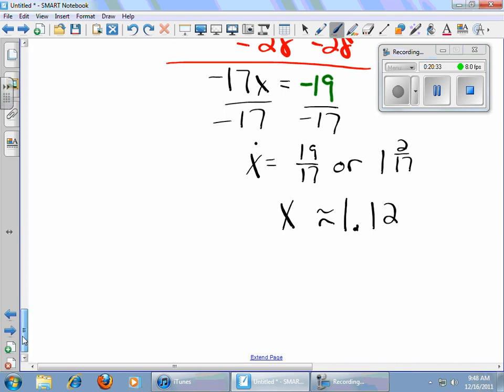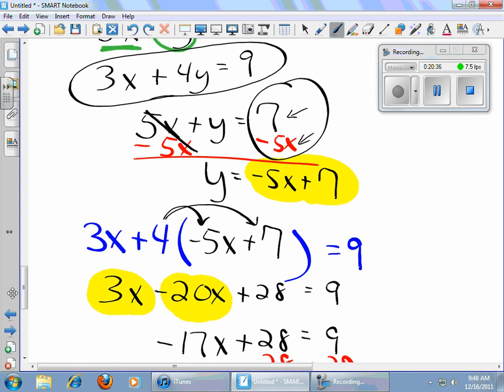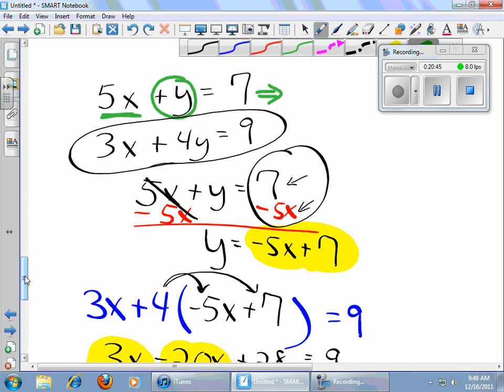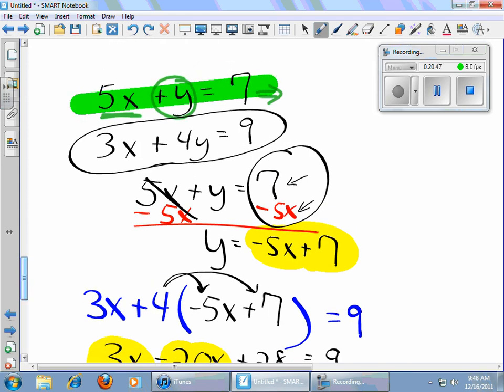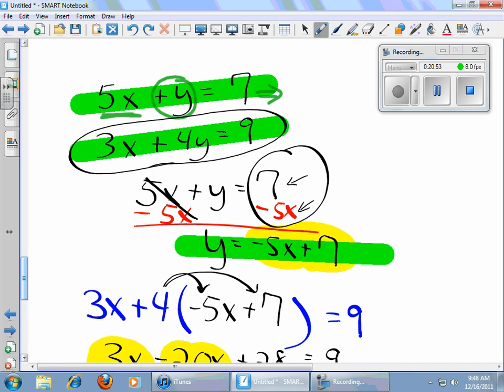To get my y value, I'm going to pick any one of these equations, and I'll highlight them in green to show you which equations I can use, because sometimes kids do this the hard way. I could use this original equation right here, but I could also use this equation here, because the last one I highlighted is the same equation as that one, just in a different form, right?